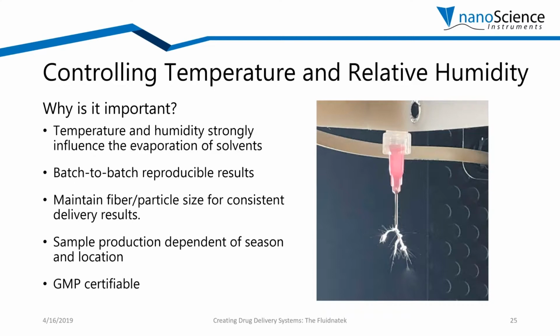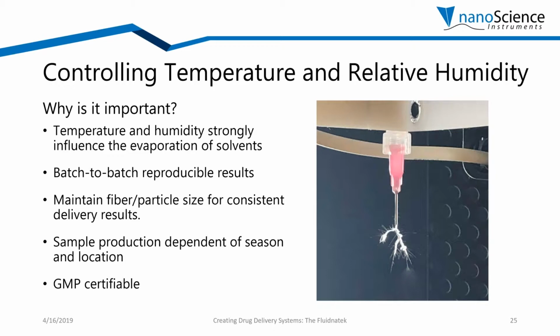If your building facilities are not too well controlled, you can easily see dry conditions during the winter, high humidities after it has rained, or even fluctuations during one single day. Due to this, batch-to-batch reproducible results may be hindered. Just as an example, I did my PhD at Ohio State, and in Ohio, the relative humidity changed like crazy. So it's really crucial to control all of this in order to have batch-to-batch reproducible results.